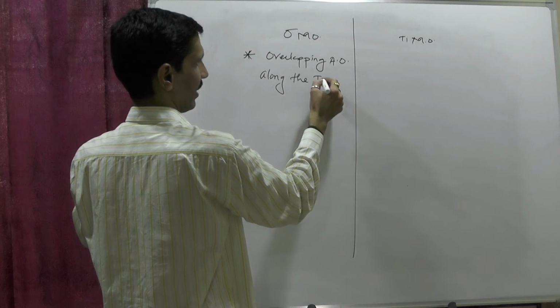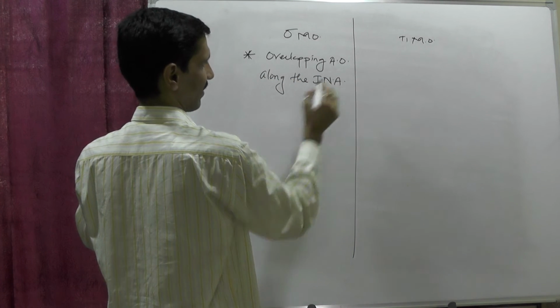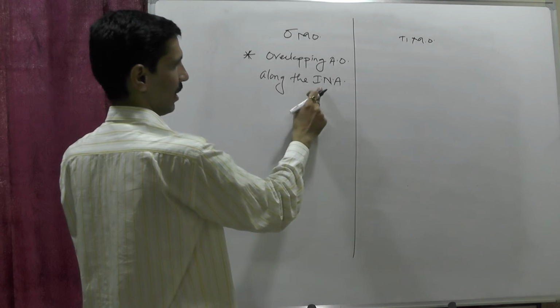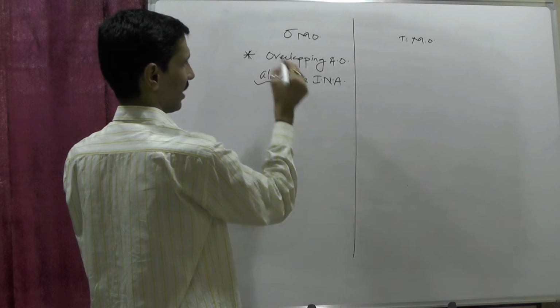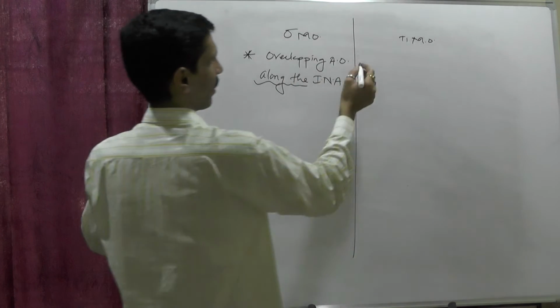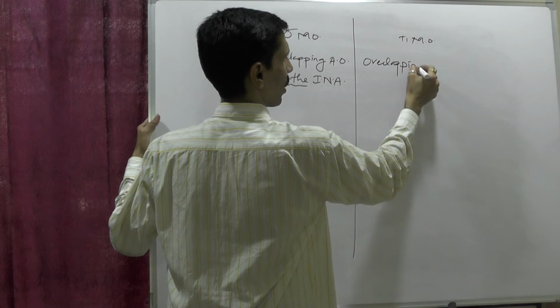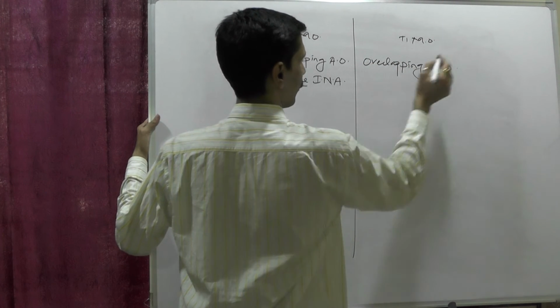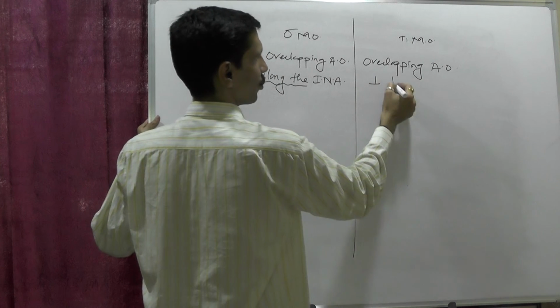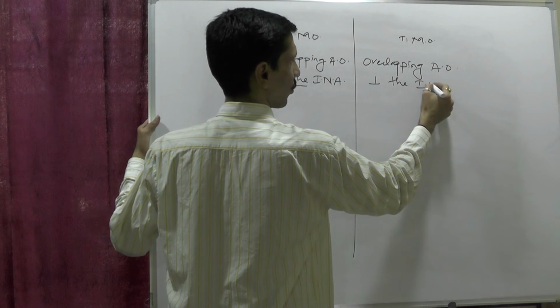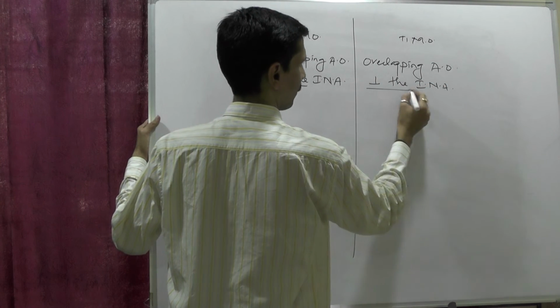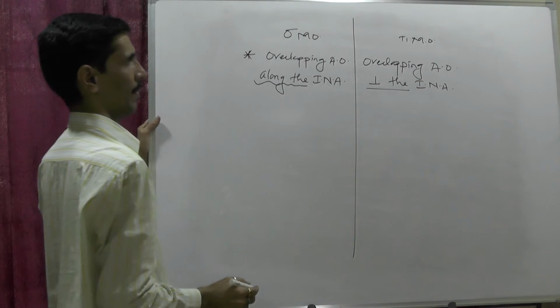In the pi case, the overlapping atomic orbitals will be perpendicular to the internuclear axis. That is what you need to remember.